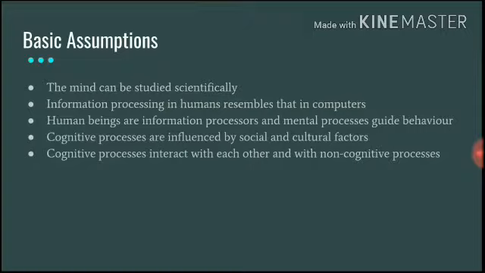Apart from non-cognitive processes, the assumption here is that we also have cognitive processes interacting with each other. So something as simple as, let's say, attention and memory. My ability to pay selective attention to a certain kind of information will decide how I store information.